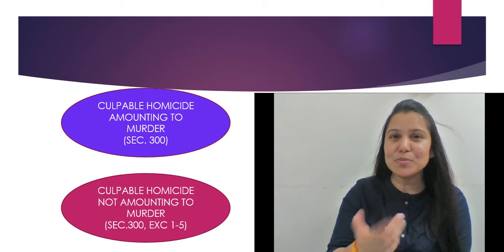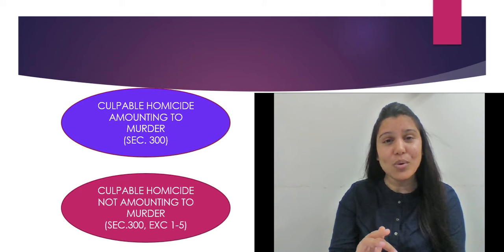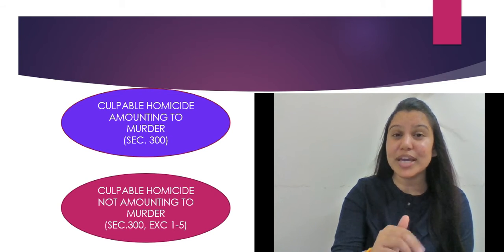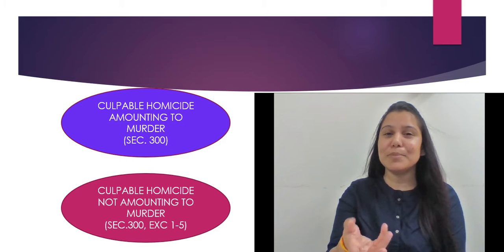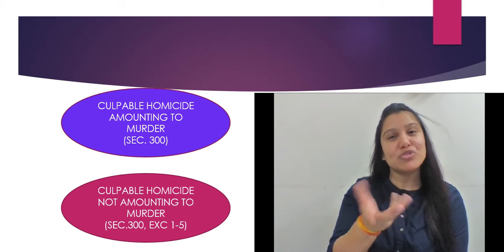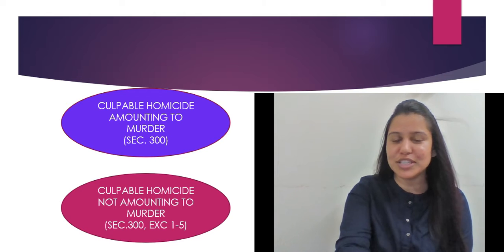Here the punishment for section 300 is given under section 302, right? And for the explanations, culpable homicide not amounting to murder, the punishment is given under section 304, right? So different punishment for these two things.